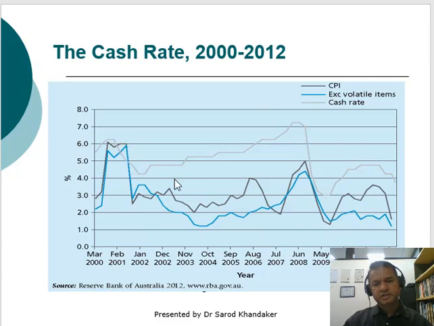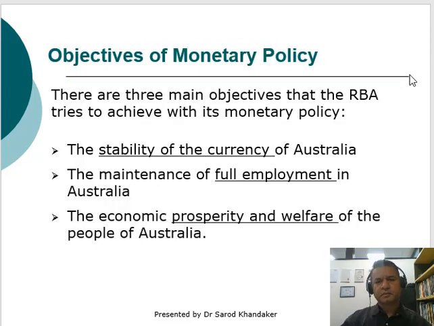However, it significantly dropped from 2001 to 2006, but in 2007, the cash rate goes to about 7%, and then it starts sinking. Now, if you look at the market in 2019, in the month of March, the current cash rate is about 1.5%. So there are three objectives of monetary policy which the RBA tries to achieve.